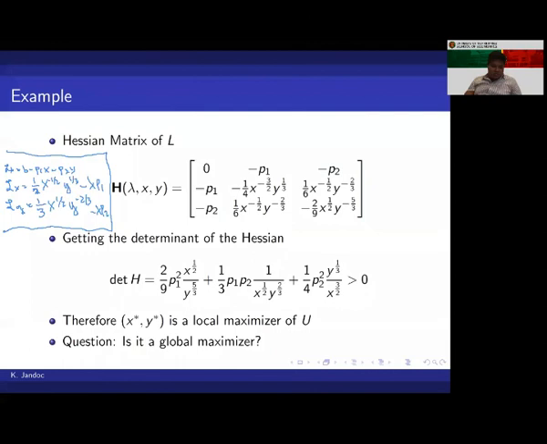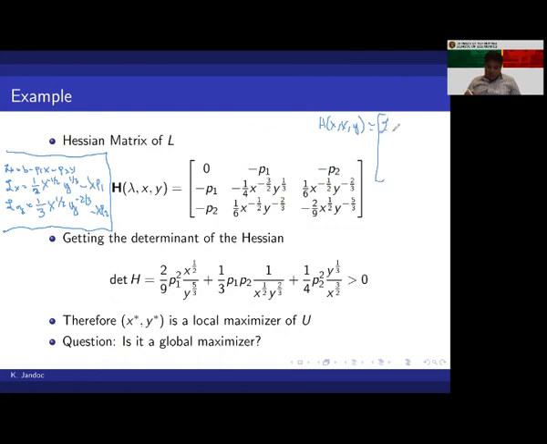Okay, now, in order for us to determine whether the stationary points that we have obtained in the previous slide, lambda star, x star, and y star, are local maximizers, we need to look at the Hessian of the Lagrangian function. Recall that the Hessian of the Lagrangian function L(lambda, x, y), in our case, is just the matrix of second order partial derivatives.